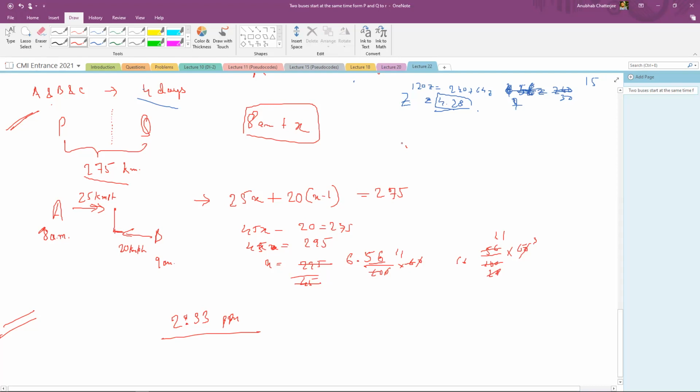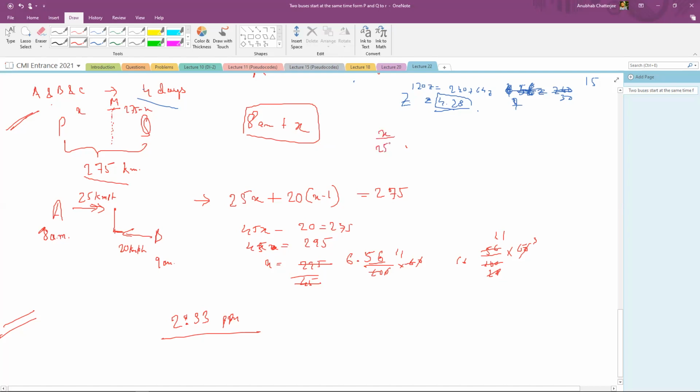What is x? x is the distance from P to the point where the two meet. Let's say the meeting point is M. So this is x and this is 275 minus x. So t is the time they meet each other, and x by 25 equals 275 minus x by 20.